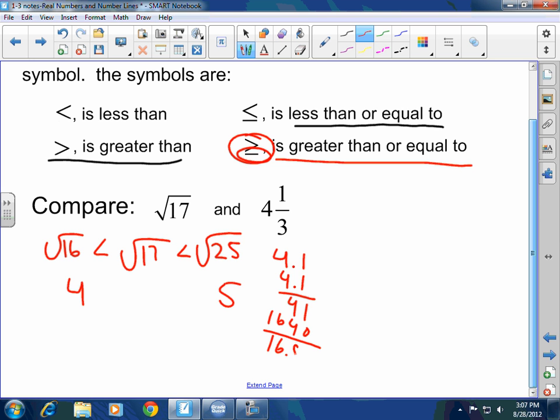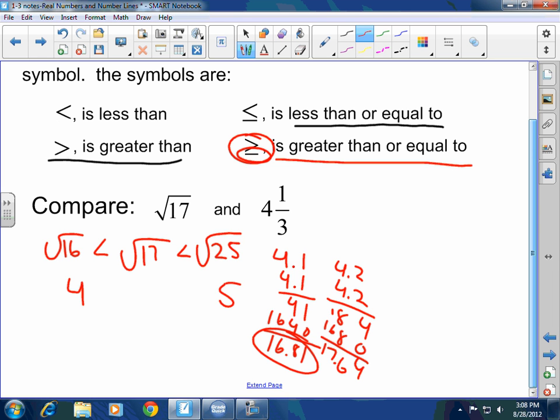That's 16.81, pretty close. Let's try 4.2. That's 17.64. 16.81 is closer.